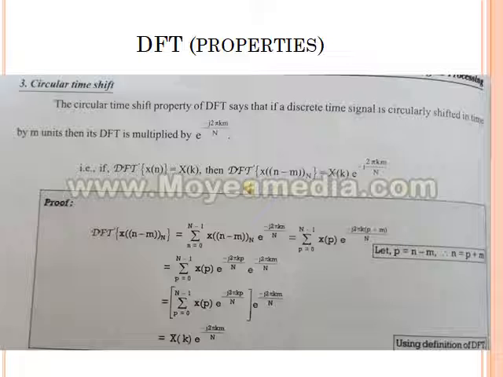Now when the shift is n plus m, meaning it is advanced, the circular time shift property is modified.